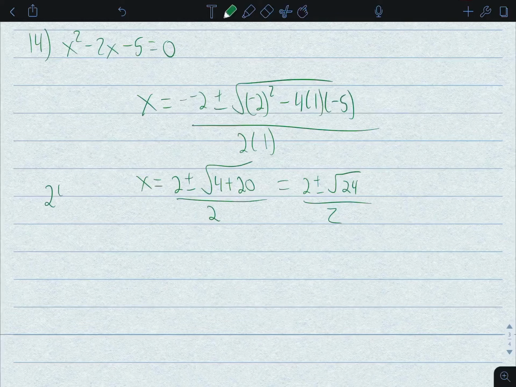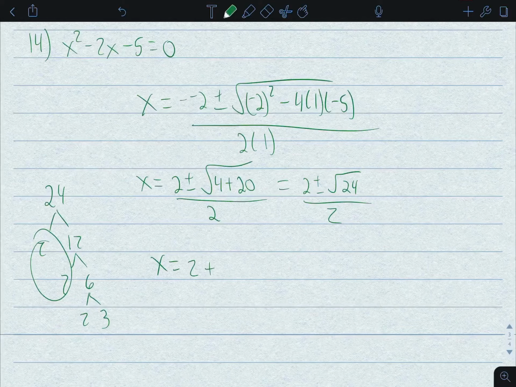Let's see if 24 factors. 2 and 12, 2 and 6, 2 and 3, 2 of a kind. So x equals 2 plus or minus 2 square root of 6, divided by 2. Everything has a 2 in common, so I can factor the top 2 out to be 2 times 1 plus or minus square root of 6, divided by 2.